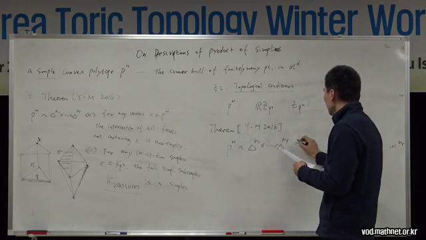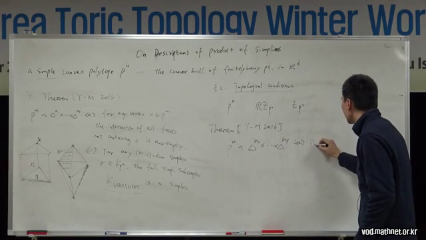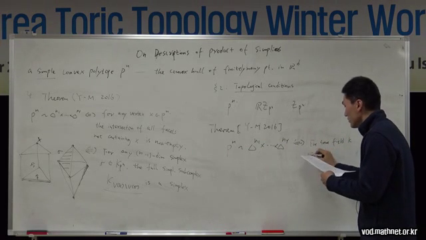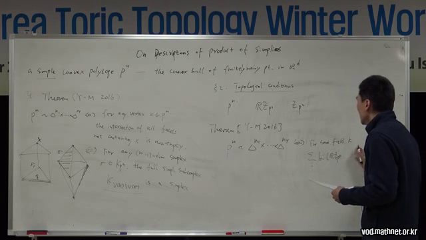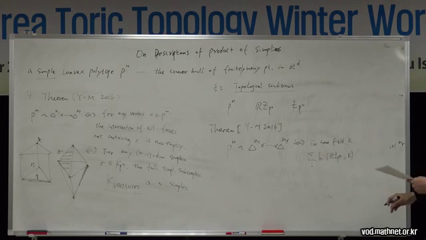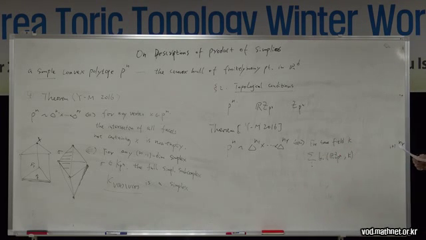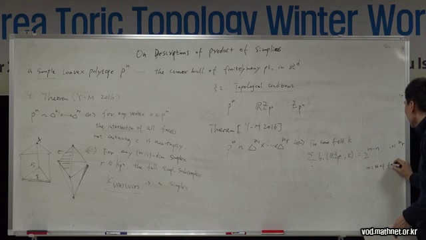So P^n is equivalent to a product of simplices if and only if, for some field k, the sum of the Betti numbers of Z_P with coefficient k is 2^(m-n), where the Betti number means the dimension of the homology group, and m is the number of facets of P^n.